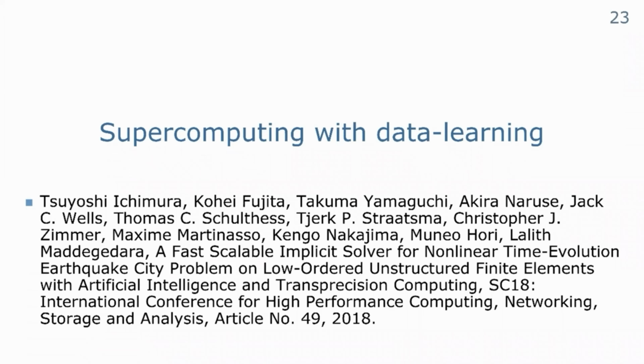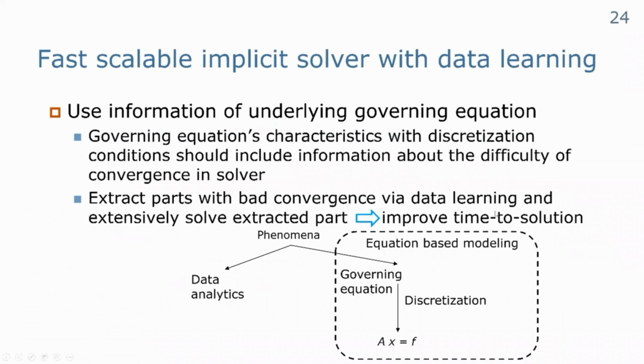So we need more computational capability. That's why we need a new supercomputing method with data learning. This is published in the supercomputing conference. The new fast scalable implicit solver with data learning uses information of the underlying governing equation.